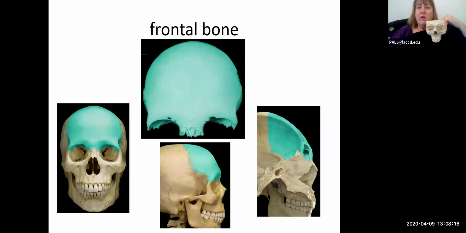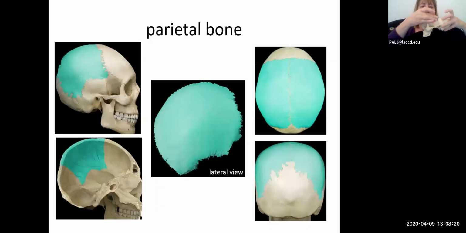If we continue from the frontal section and go posteriorly on each side, where you are traveling now is the parietal bone. The vast majority of the parietal bone is going to be on the skull cap, but usually we can still see part of it.